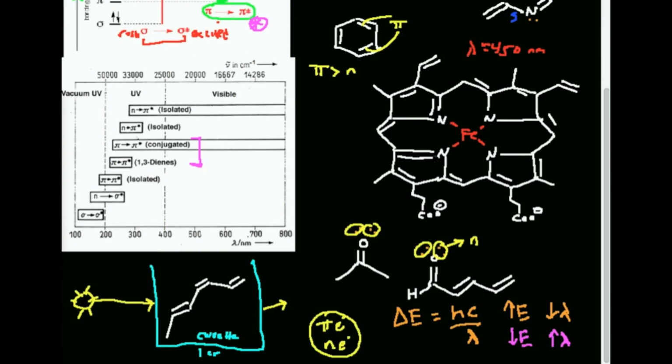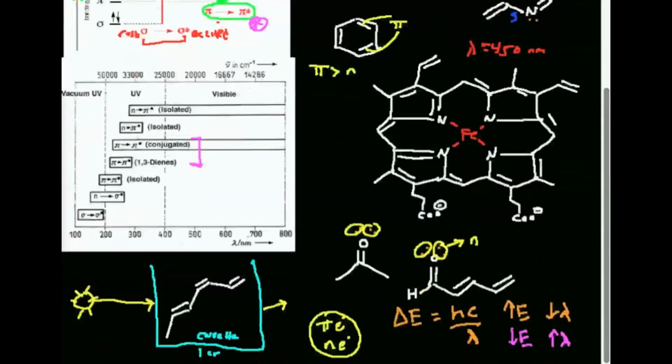Okay? And so this is the basic theory of UV-Vis spectroscopy. We're going to shine light in the UV or visible wavelength at a sample in a cuvette. Some of these electrons, only pi and non-bonding electrons for the most part, are going to absorb that light. And those electrons are going to go up in energy, as you see here. The pi will go up to a pi star state, meaning an excited state, and the N will go up to a pi star state.